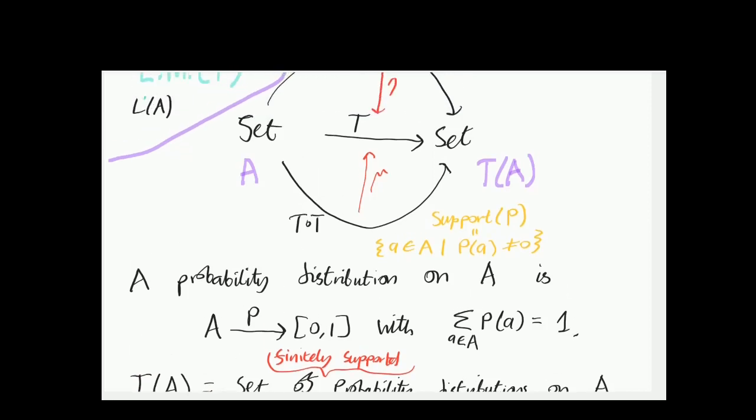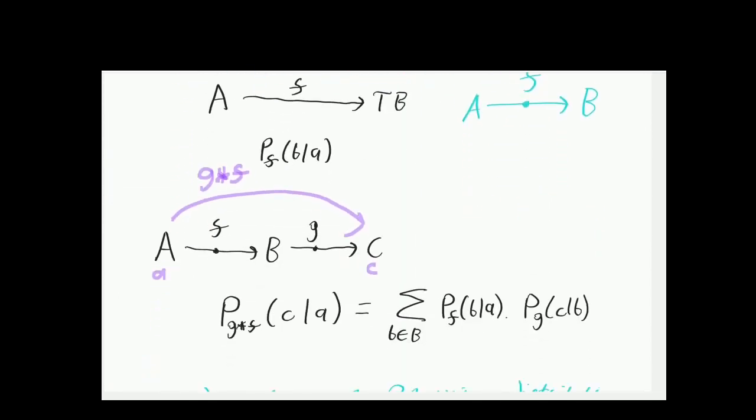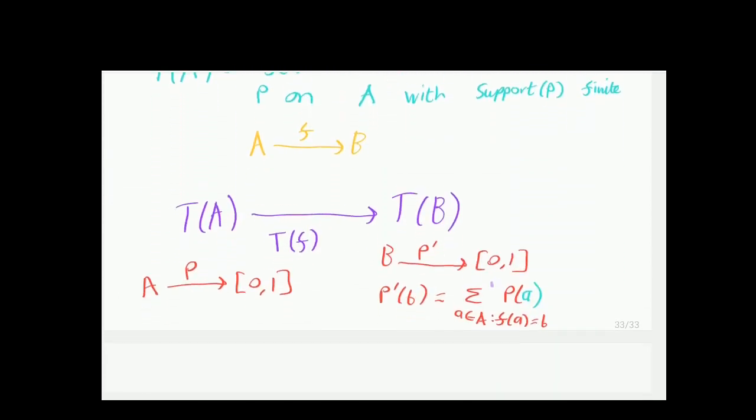So now we know how this functor T works on the objects, on sets like A. How does it work on arrows? Well, if we have an arrow of sets, that would be a function f from a set A to a set B. And that gets lifted to be this function T of f, which sends finitely supported probability distributions on A to finitely supported probability distributions on B. And the way it works is it just pushes forward a probability distribution on A along f.